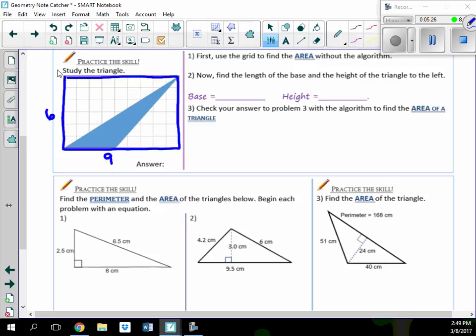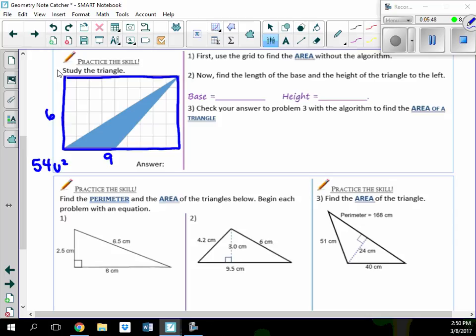So the area of the whole rectangle, 6 times 9, is 54 units squared. Now the next thing I'm going to do is subtract out parts of it that aren't there.